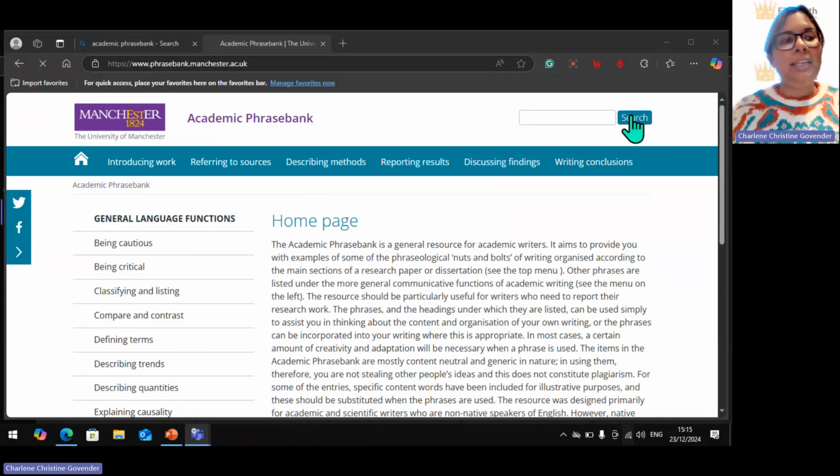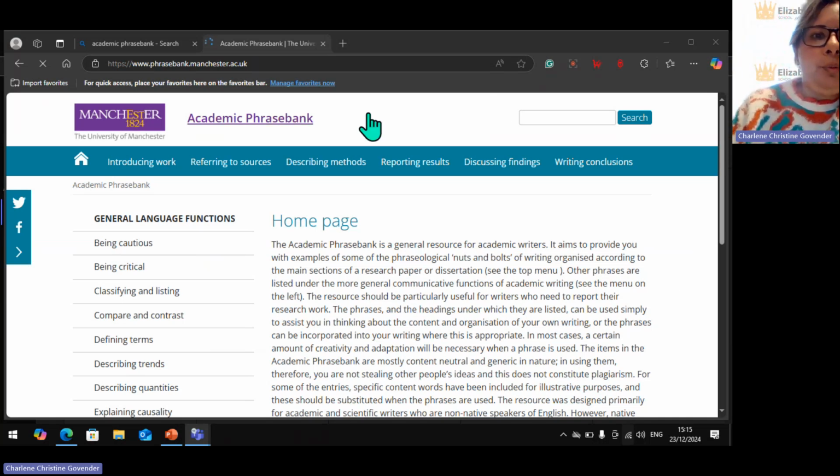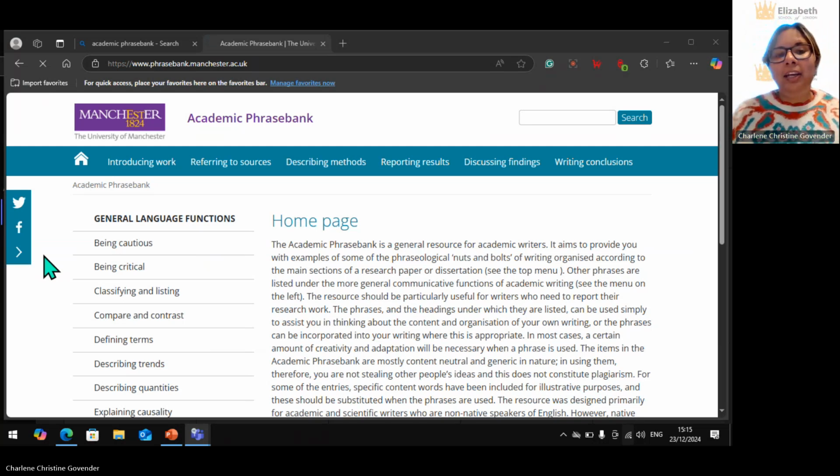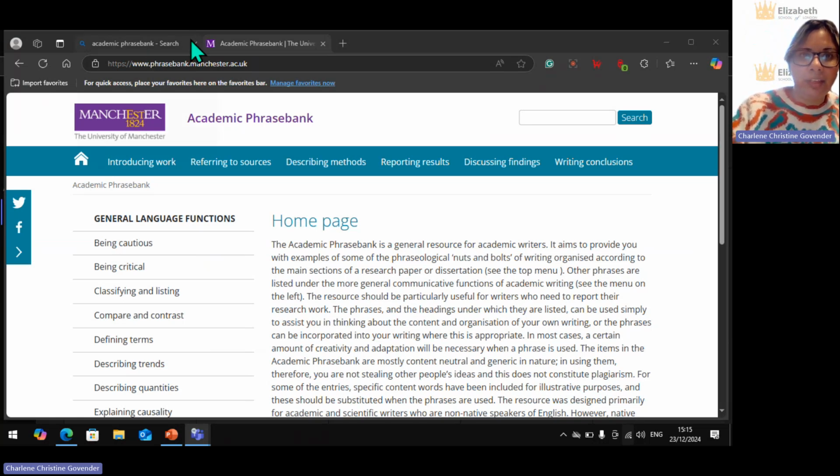Alrighty. Now, I did show this last week. However, if you are not available for class or you didn't have a look at it, please, let's go through this together. Now, this viewpoint is a viewpoint of when you are looking at it on your laptop or on your desktop. If you are looking on your mobile phone, this will look completely different, okay?